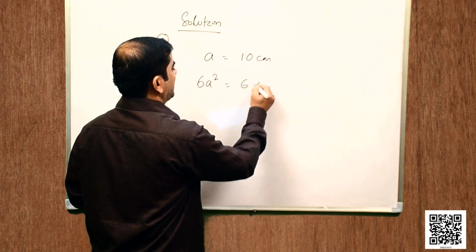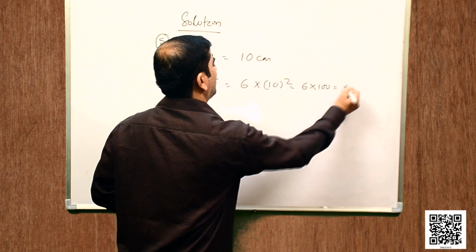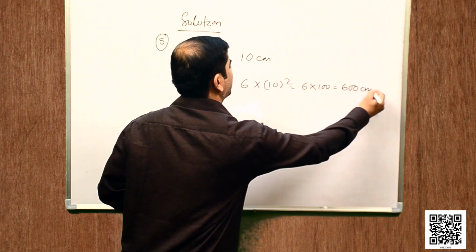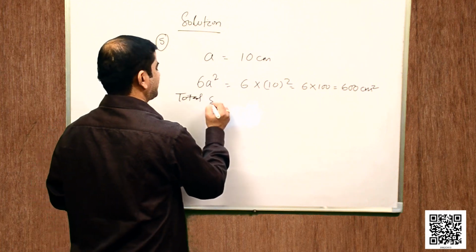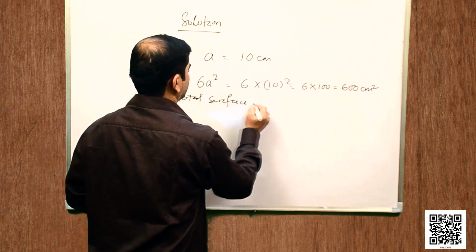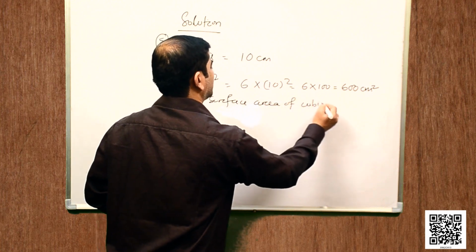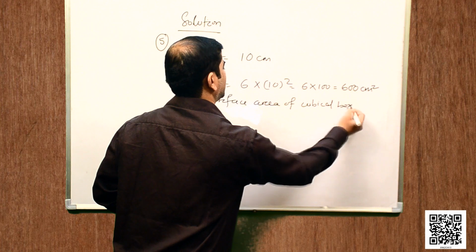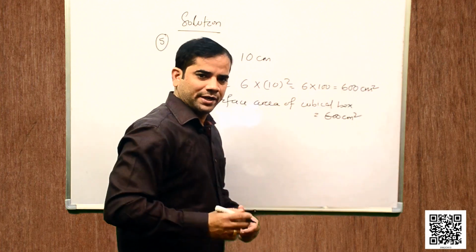So 6 into 10 square, that is 6 into 100 or 600 centimeter square. So the total surface area of the cubical box is equal to 600 centimeter square.